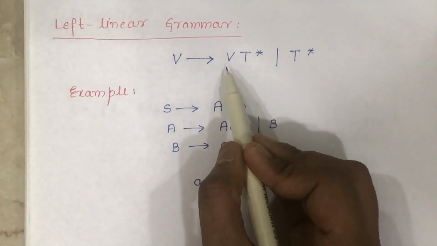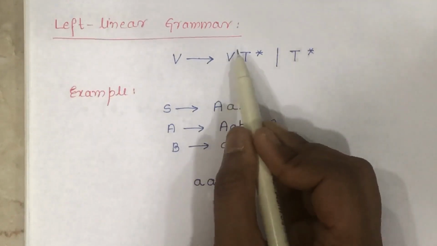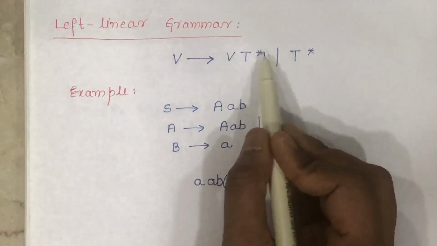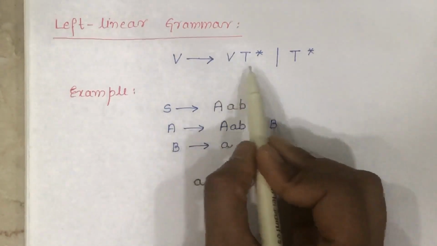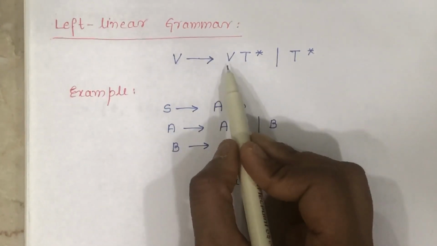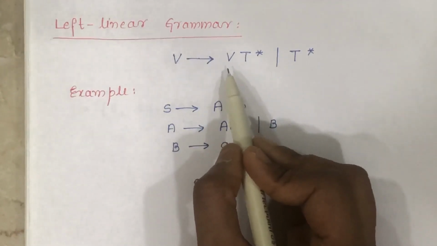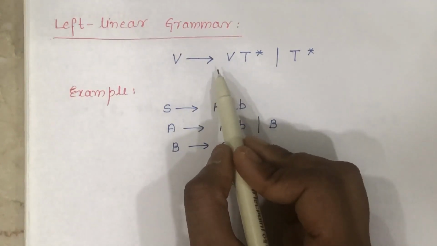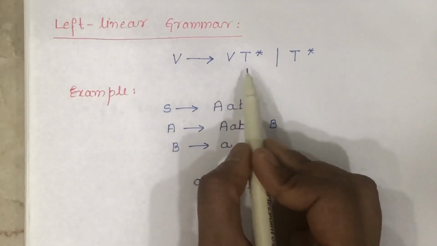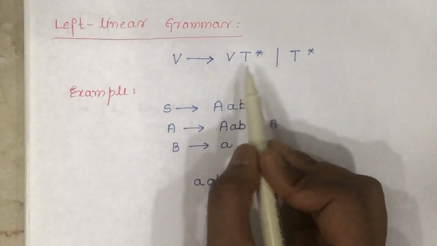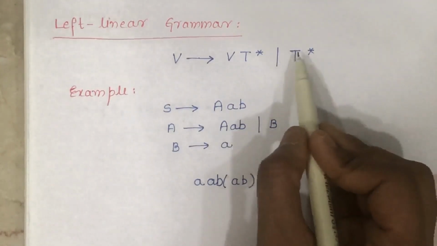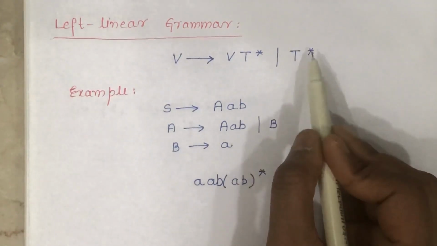So in left linear grammar there will be 0 or 1 non-terminal followed by 0 or more terminals. So in this alternate, one non-terminal is there that is situated at the leftmost position, meaning before this non-terminal no terminal may appear, and after this non-terminal 0 or more instances of terminals may appear. Now another alternate for this grammar can be 0 or more instances of terminal.